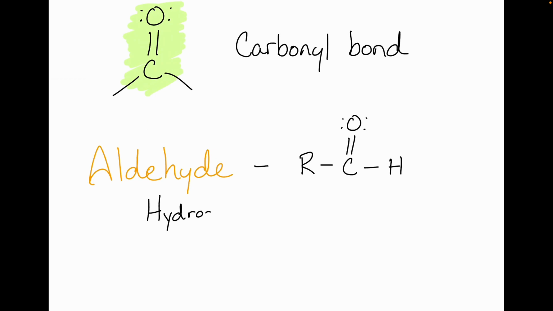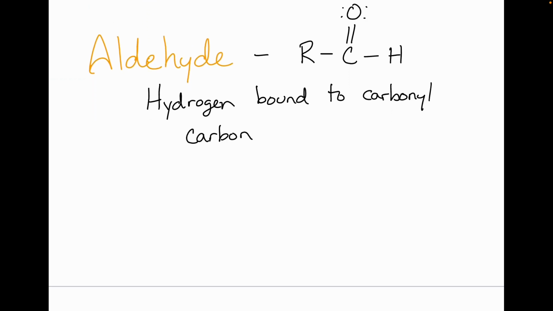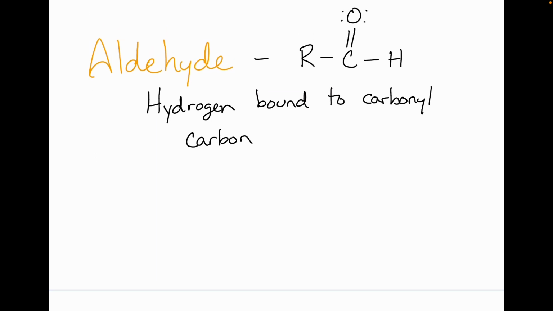So hydrogen bound to carbonyl carbon. So if we draw the structure of an aldehyde, how they look is you will always have that carbonyl carbon at the end. That carbonyl bond is on the end of a molecule, on a terminal carbon.